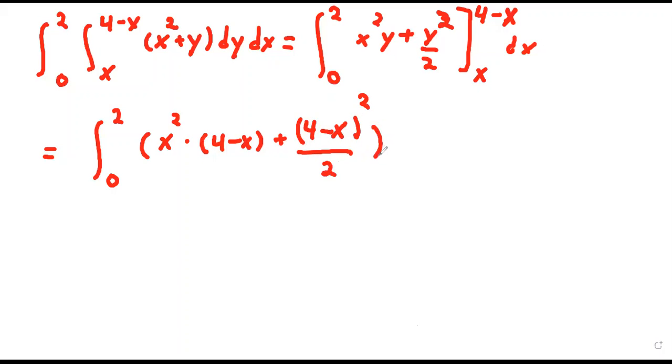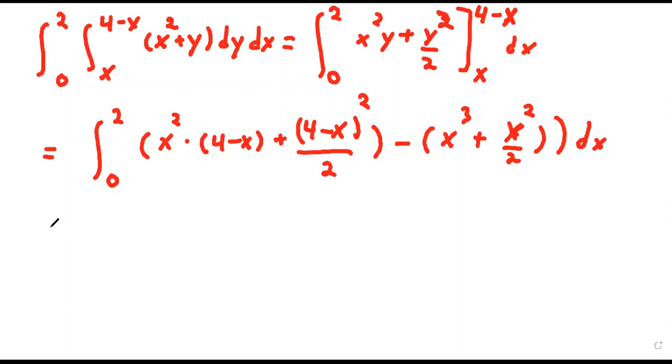All of this business. Then we're going to subtract, because we have to do our second bound now. Subtract x cubed plus x squared over 2. And then we're going to eventually integrate this entire thing with respect to x.